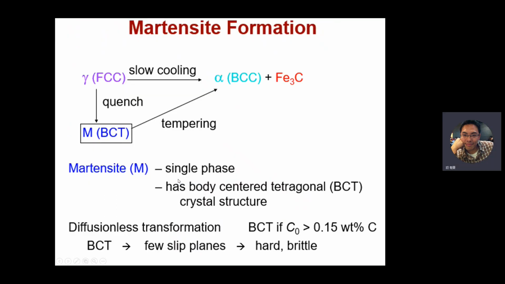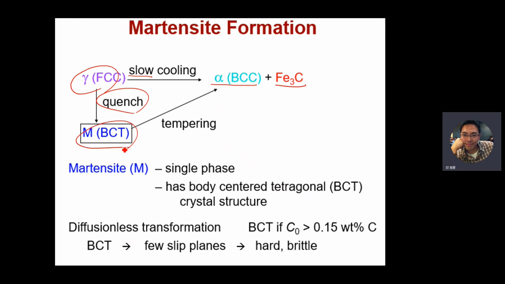Okay, so we can summarize that martensite formation starts from austenite, the FCC structure. If the cooling rate is slow, the transformation will form ferrite and cementite, right? And if the cooling rate is fast, that means the quenching process, and martensite will form.